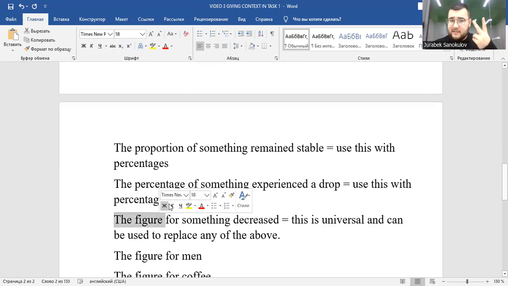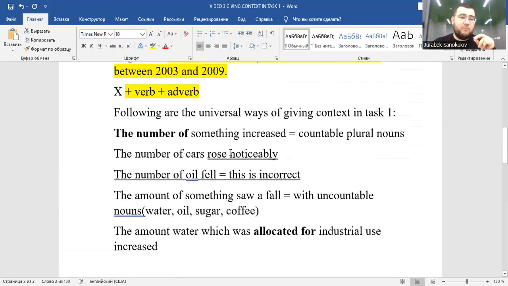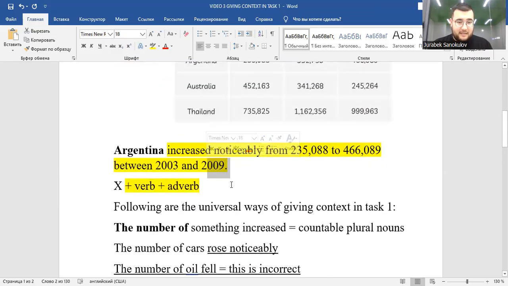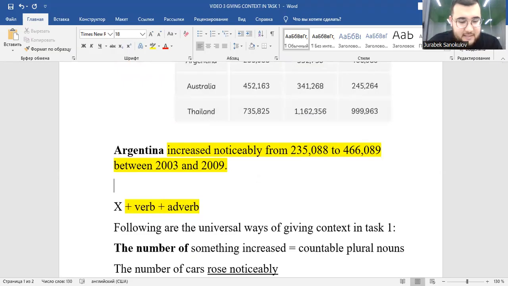You can use these universal ways of providing context in task one if you're talking about cars, which is a countable and plural noun. So instead of saying this, you would say something like this: the number of cars.